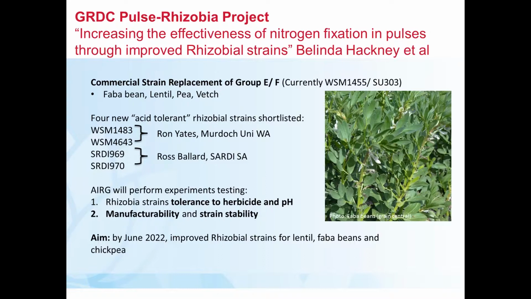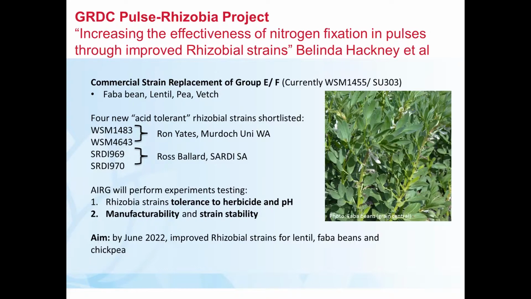We're also checking whether they can be manufactured and that strains are stable. So the aim is by June 22 to have improved rhizobial strains for lentil, faba beans, and also for chickpea.